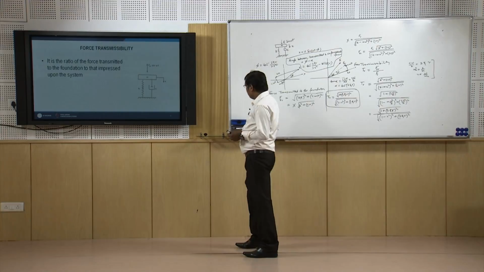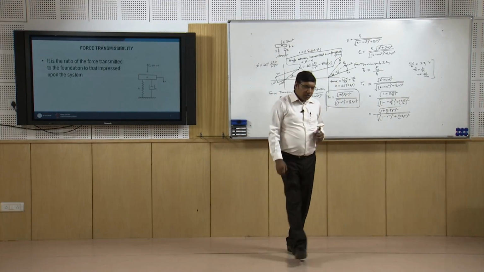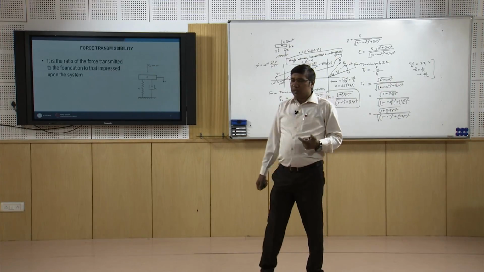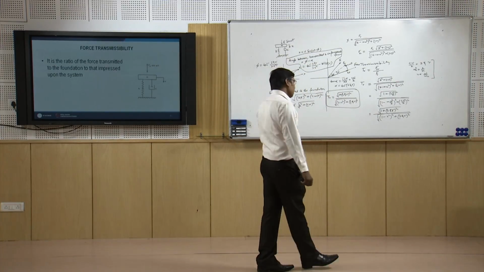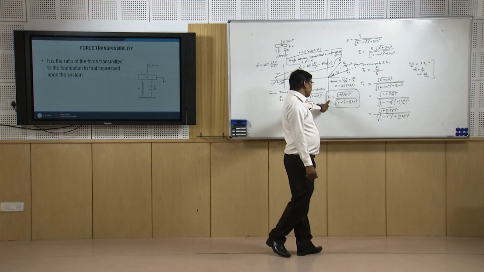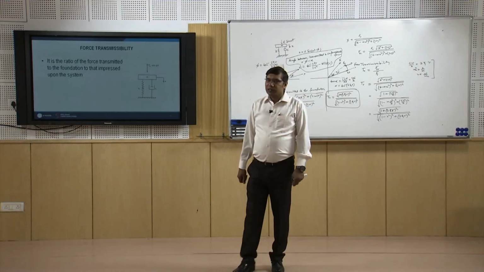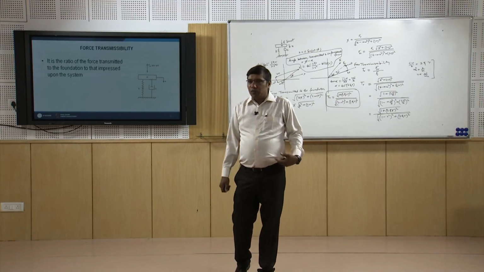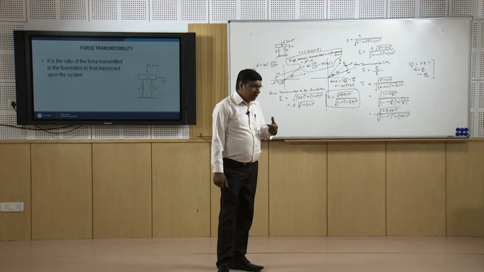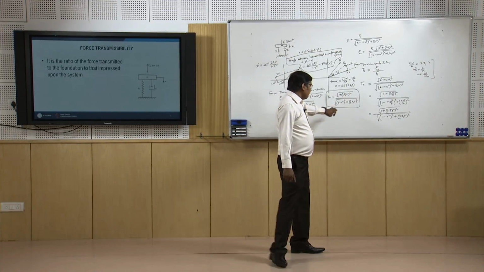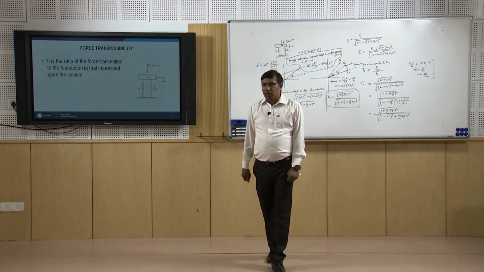Now we can understand, as we always do, we can draw the frequency curves for the transmissibility, because we see that transmissibility is a function of the frequency ratio, that is the excitation frequency upon the natural frequency, and the damping factor zeta.